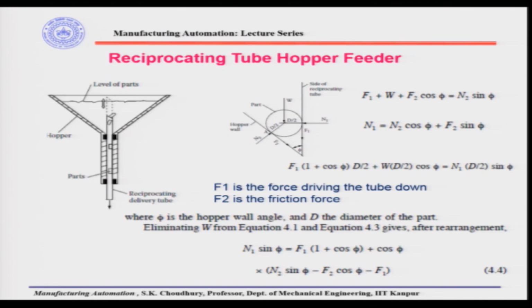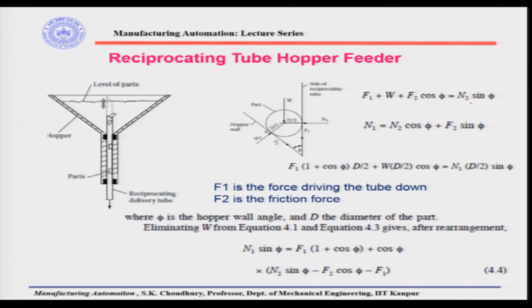of the basic aspects is that the part should not jam between the side of the reciprocating tube and the hopper wall. I have already discussed that if the part jams like this, we have three equations. This is the force balance equation along the vertical direction.